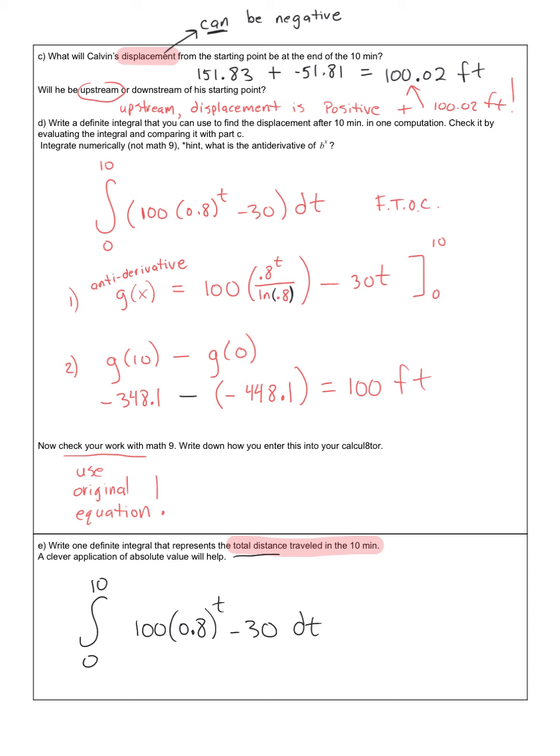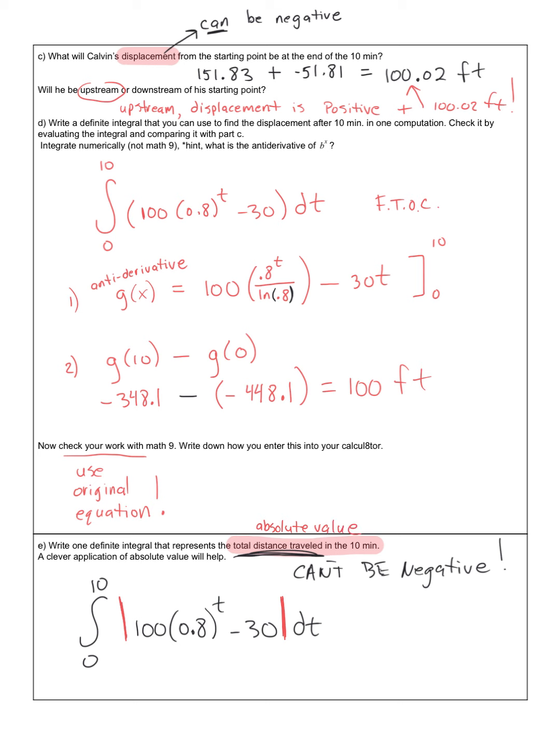But now remember, distance traveled can't be negative. So, and this is huge, you guys, when you are doing distance traveled in one integral, you have to put absolute value around your velocity equation.